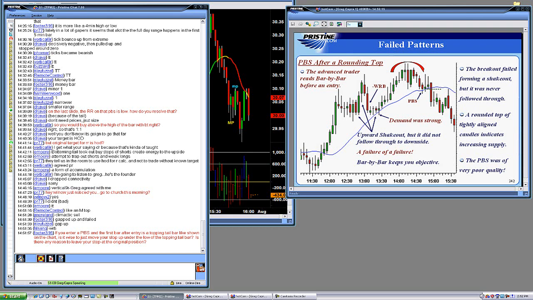That's the most conservative thing to do. It really should not form as a topping tail bar, and the main focus is to protect capital. So it's okay to do that. And if it turns around and goes in the other direction, that happens.